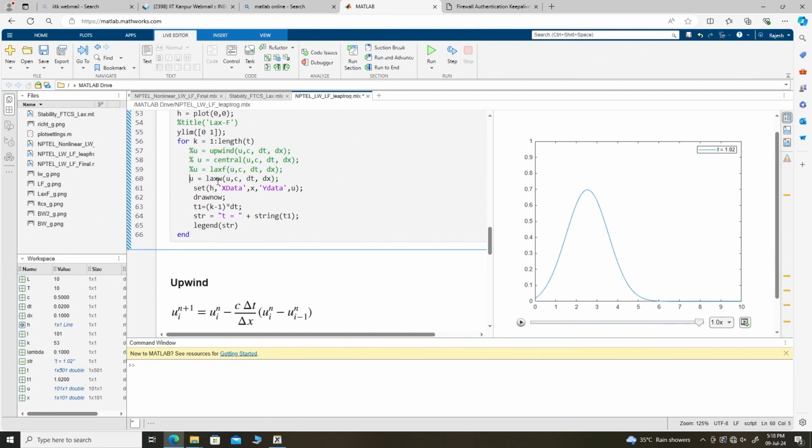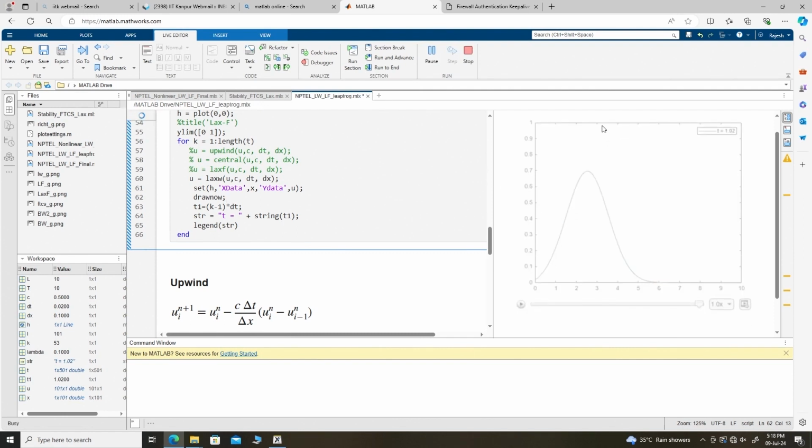For the Lax-Wendroff scheme, we know that we just add the right amount of dissipation in this to make the FTCS balance. So let us run the Lax-Wendroff scheme, and you can see that the amplitude does not go down. Look at the top of the curve.